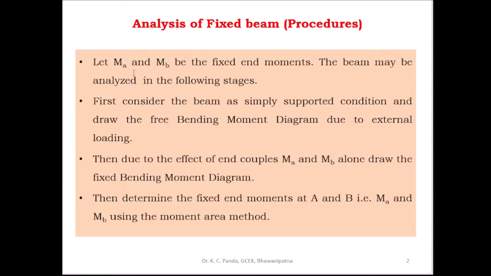Let MA and MB be the fixed end moments. The beam may be analyzed in the following steps. First, consider the beam as simply supported and draw the free bending moment diagram due to the external loading.